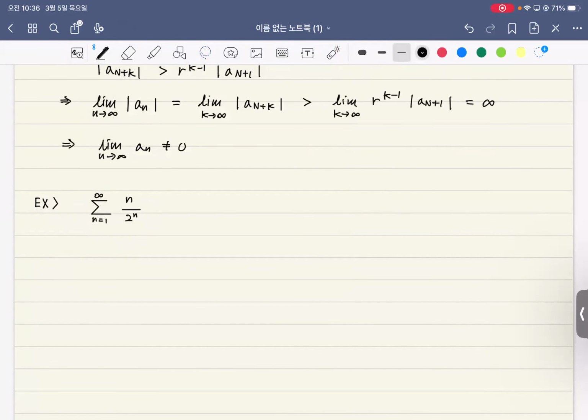In order to use the ratio test, first I will need to take the ratio between a n plus 1 and a n. So this is going to be my a n plus 1, and this is my a n.